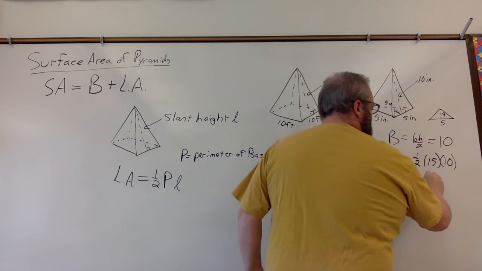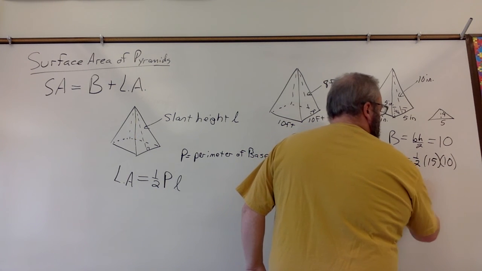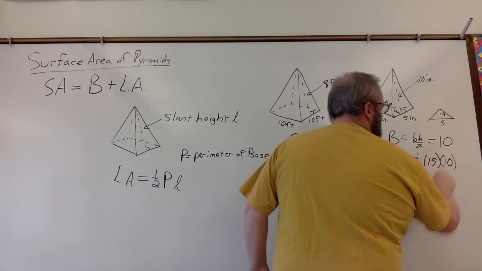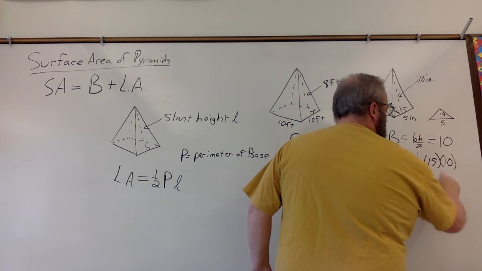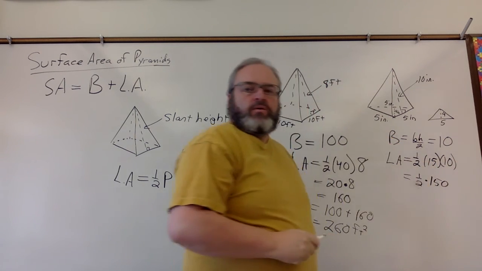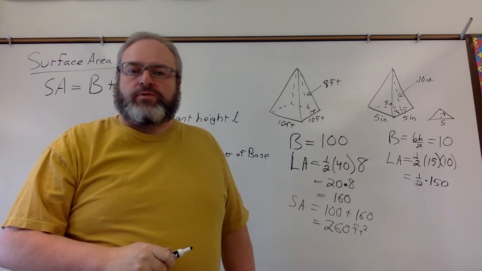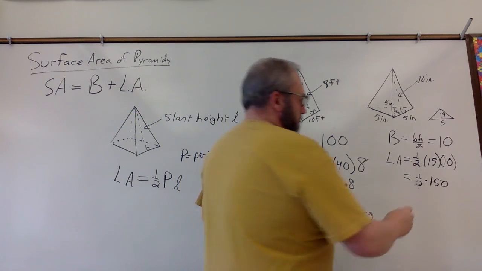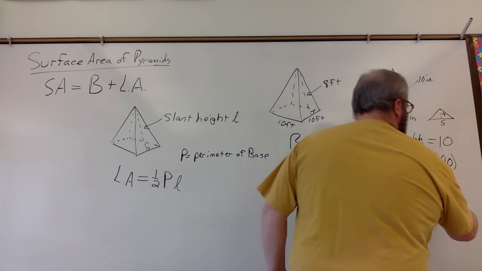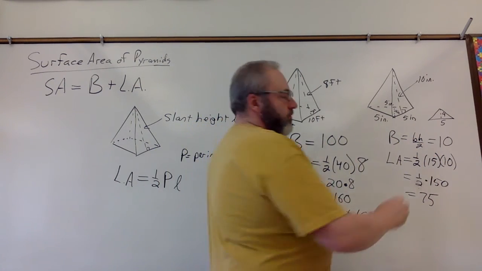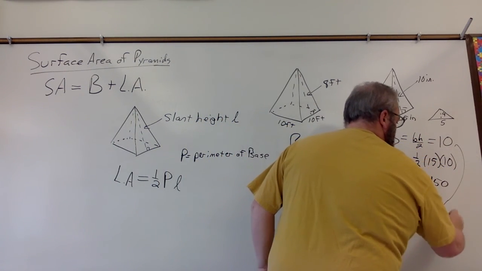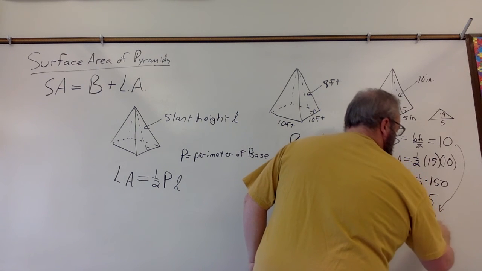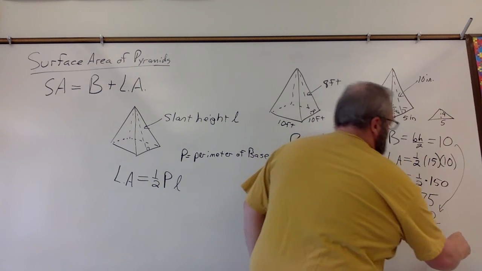So this would be 1/2 of 15 times 10, which is 150. Half of 150, or 150 divided by 2, is 75. Don't forget to add in your base. 85 square inches.